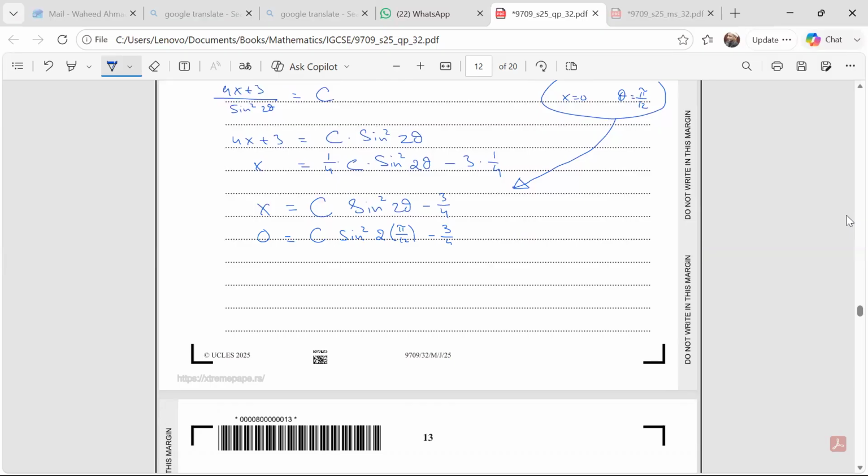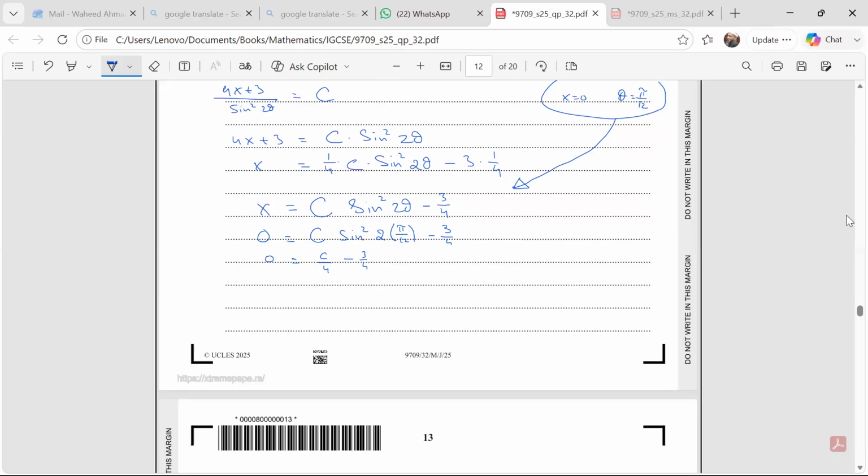5 by 12 times 2 is 5 by 6, which is 150 degrees, whose sine is 1 by 2, and squared that is 1 by 4. On the right side I have c by 4 minus 3 by 4, and here I have 0.